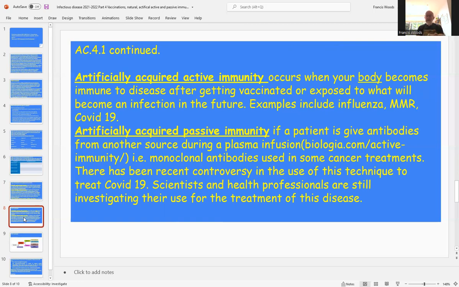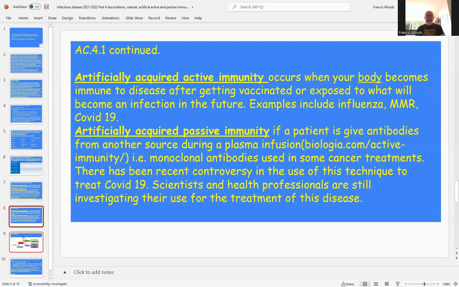It has also been used in COVID-19 patients where they were given antibodies. They're still investigating that treatment and how well it actually worked.